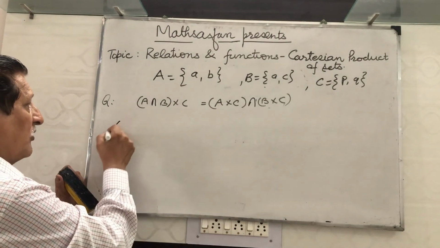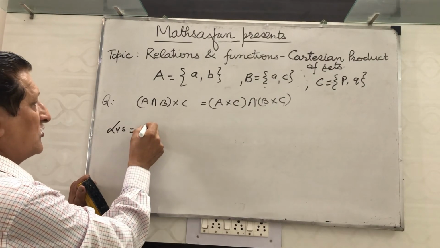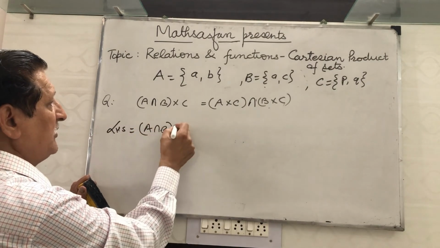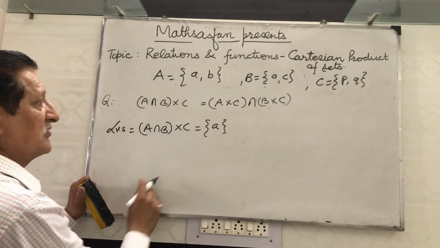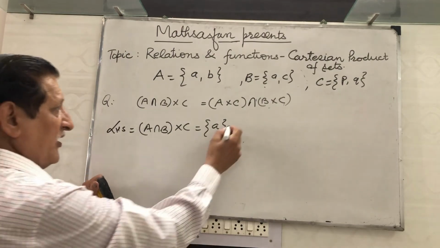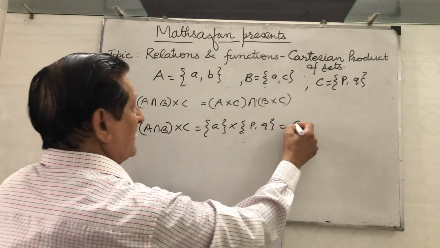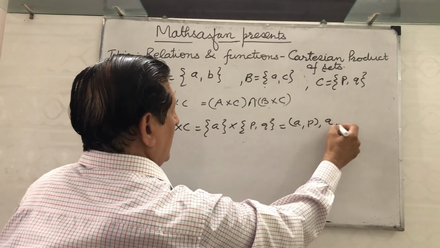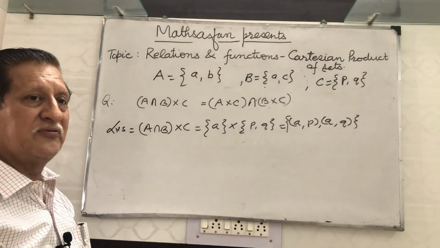So when we go for left hand side, that is (A intersection B) cross C. We know A intersection B is only one element, that is A. When we take the cross product of this with C, P, Q, you will find this is AP, AQ only. These two ordered pairs we are getting.